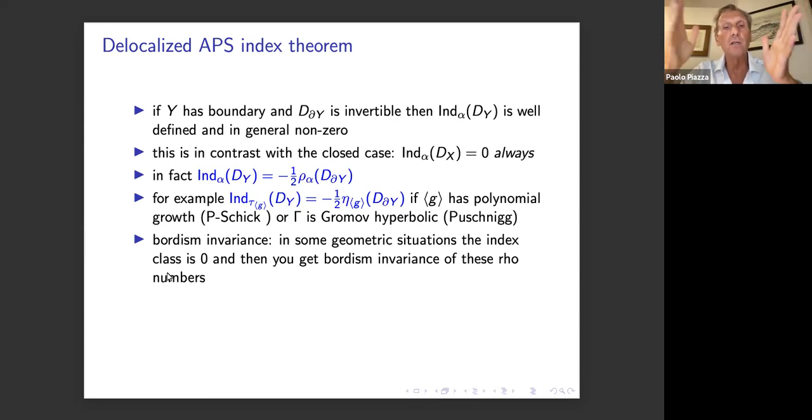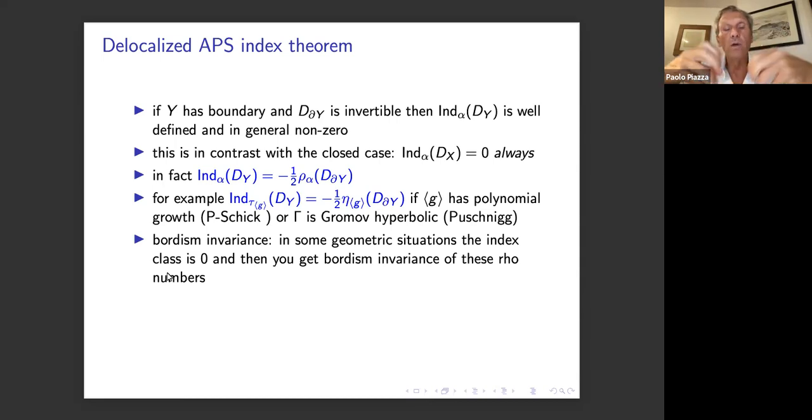This bordism invariance is extremely important because we know that bordism is intimately connected with surgery.